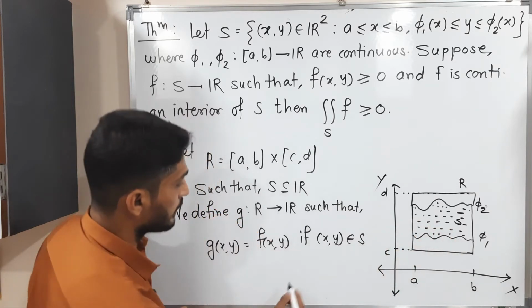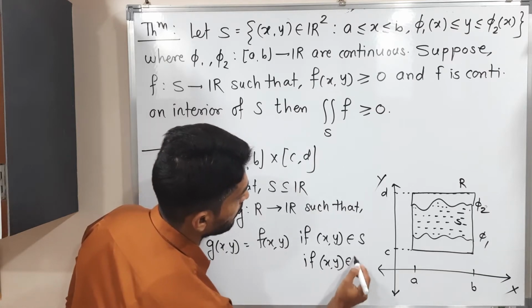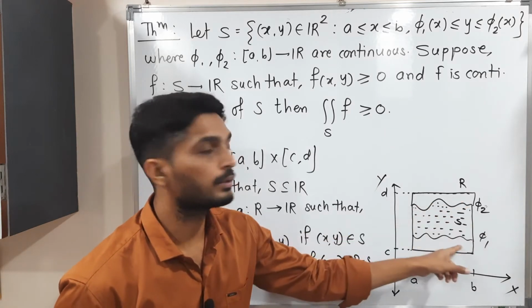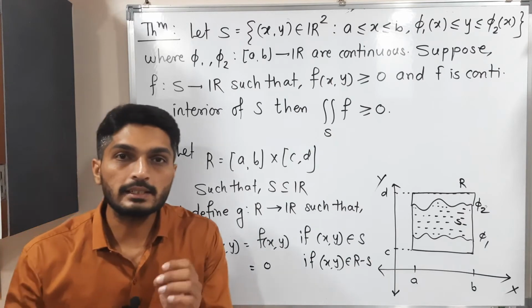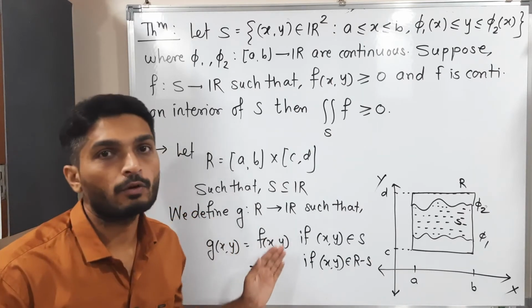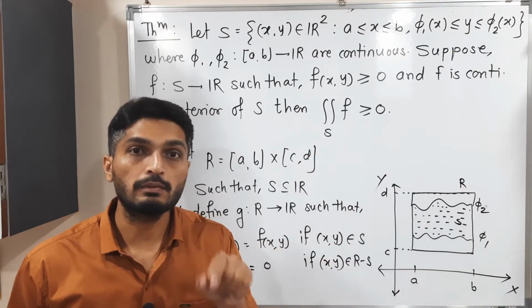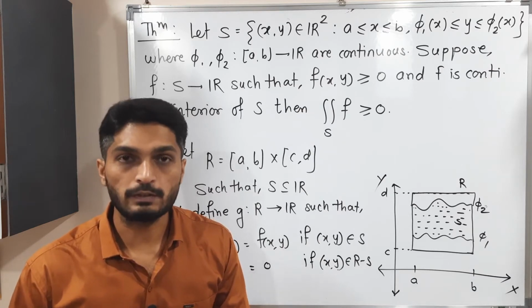And if you take xy from R minus S, rectangle minus this region, that means the outer part, then its definition is 0. Basically, G is an extension of f. G is nothing but f on region S, and if you go outside region S, then we have value 0. In this way, we have defined this function G.